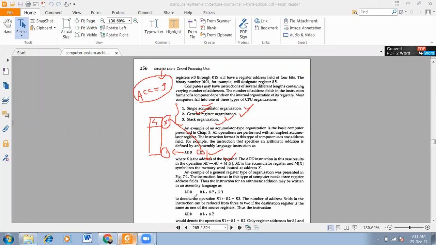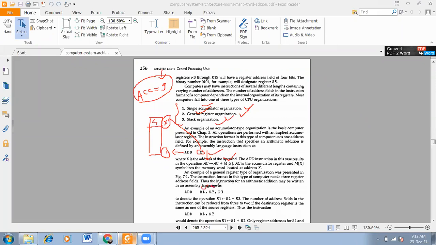Therefore, add R1, R2, R3. So that may be written here: add R1, R2, R3. This is a general register organization because here we are using R1, R2, and R3, three registers, isn't it?